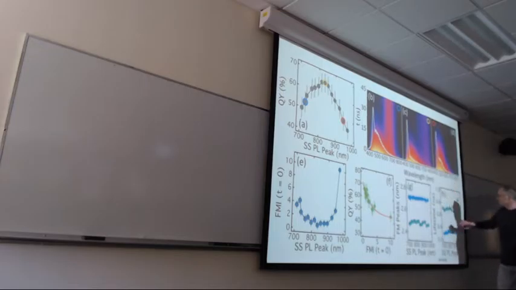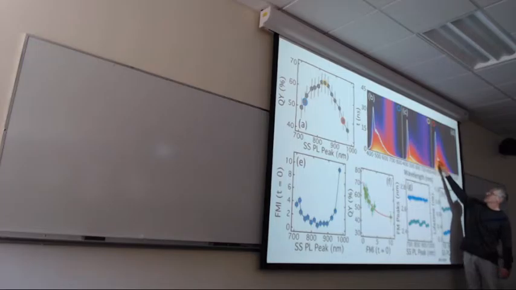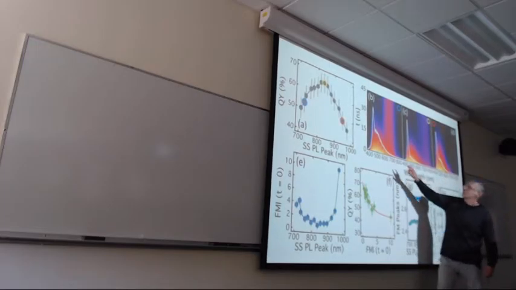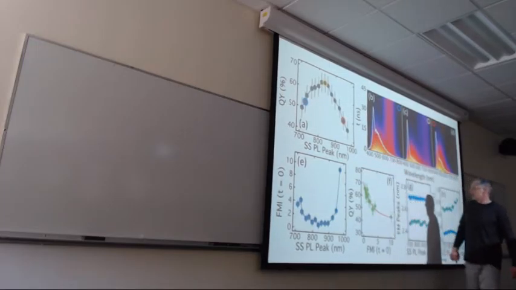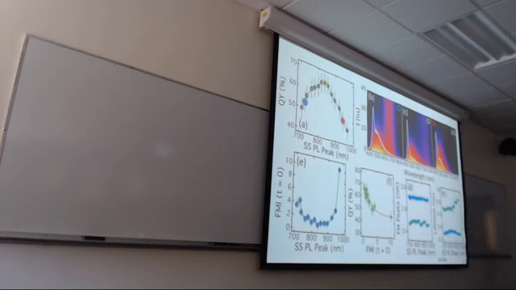So we think these are the direct. This is very fast PL, like I said, sub-nanosecond. You can kind of see two peaks if you look at the shoulder, not quite sure what to make of the shoulder. But what we're trying to understand is that the strength of this fast, direct decay anti-correlates with quantum yield.